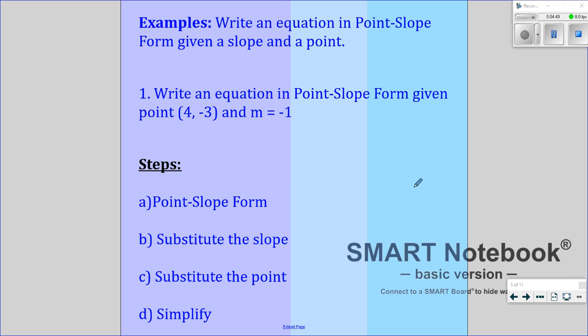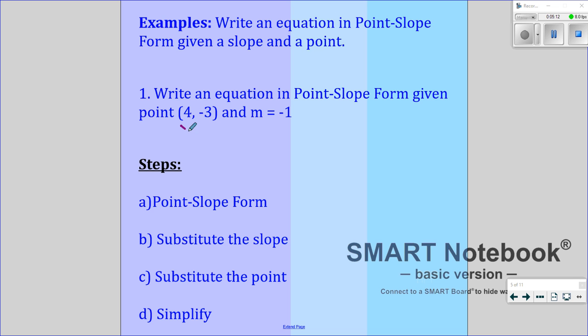All right, so we're going to do examples. This one says that we need to write an equation in point-slope form given the slope and a point. So for our first example, it says write an equation in point-slope form given the point (4, -3) and m equals -1. So we have our point, and I'm going to label it.